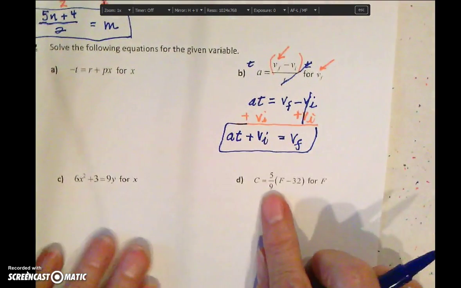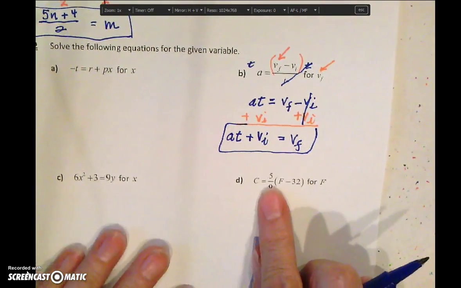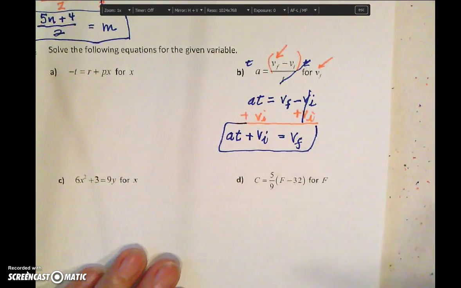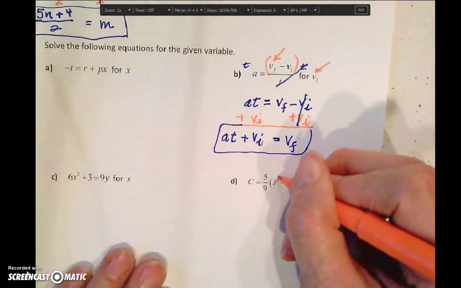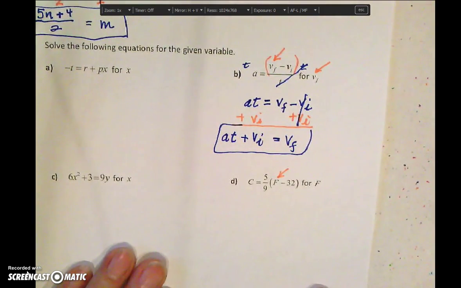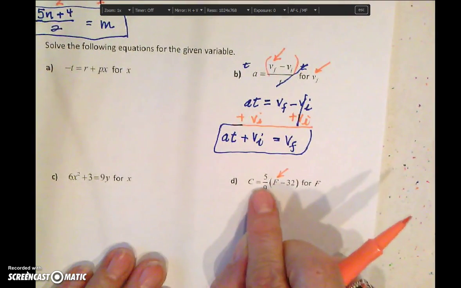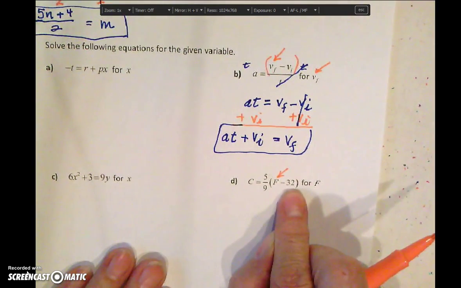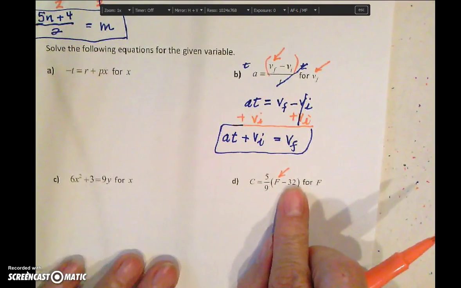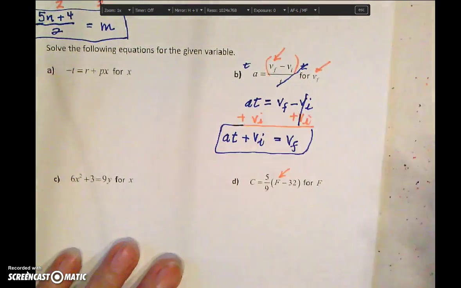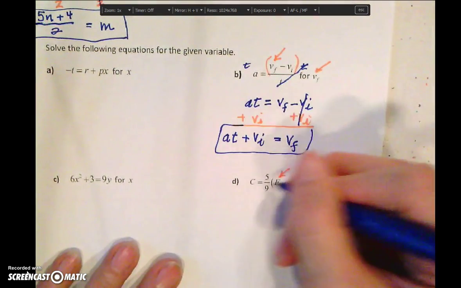And let's do one last one. Let's do this one here where I've got a fraction in there. Again, you see the f, I'm solving for f, which is right here. It's inside the parentheses. I could distribute to get it out of the parentheses, but that would be really, really ugly. So what I'm going to do instead is multiply both sides by the reciprocal.